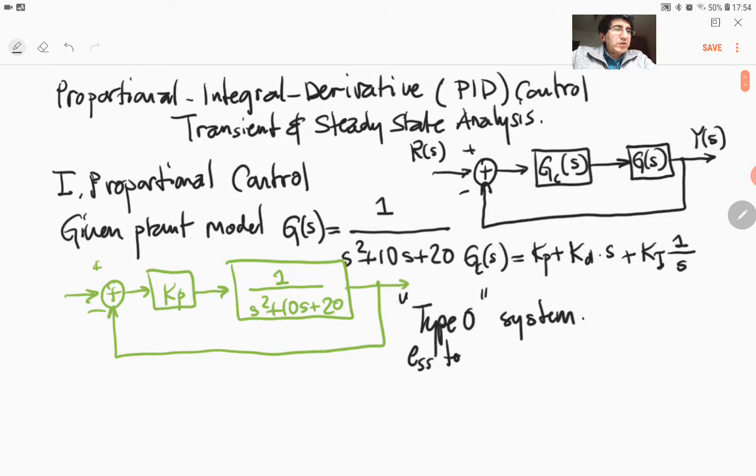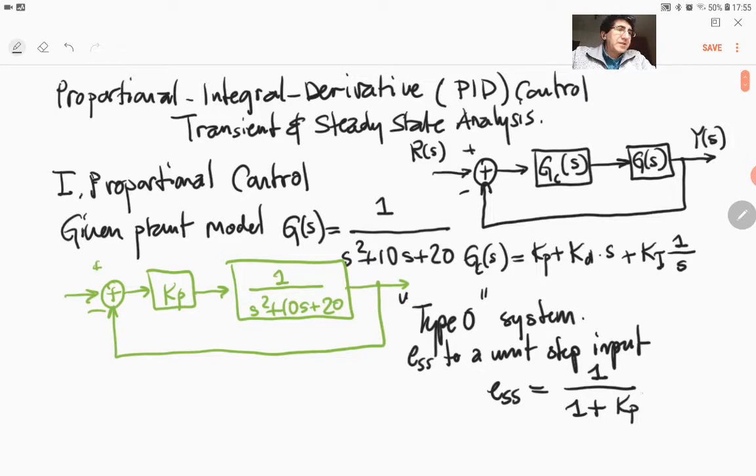Okay, so because this is a type 0 system, we know that ESS to a unit step input is essentially ESS equals 1 over 1 plus Kp, but this Kp is a different Kp. It's not the proportional coefficient of the controller, but this is our positional error constant.